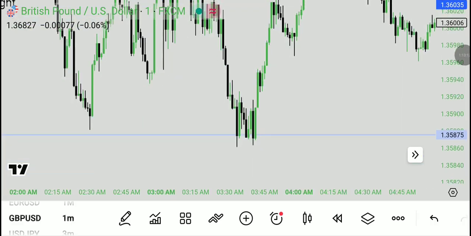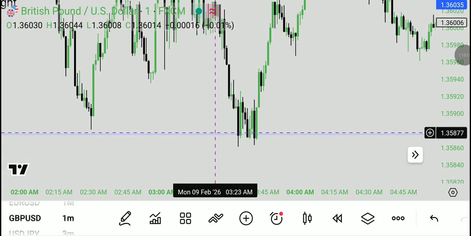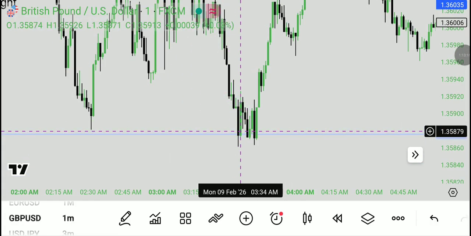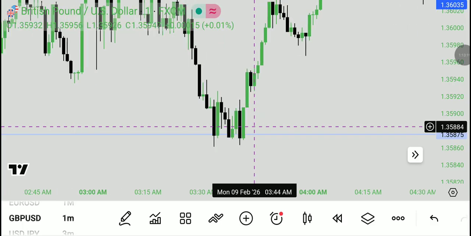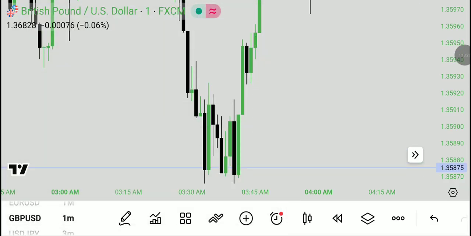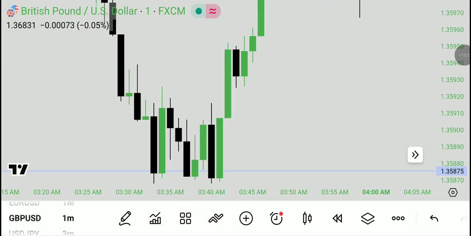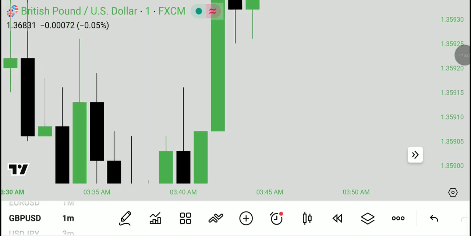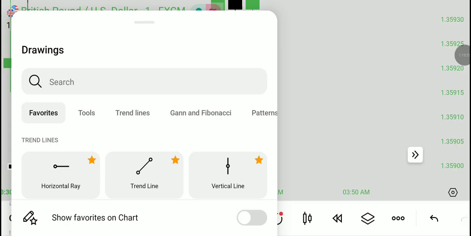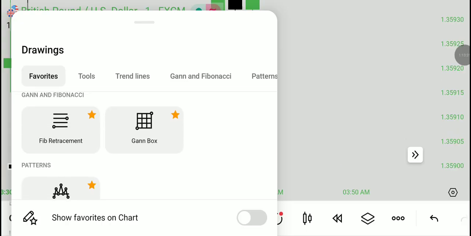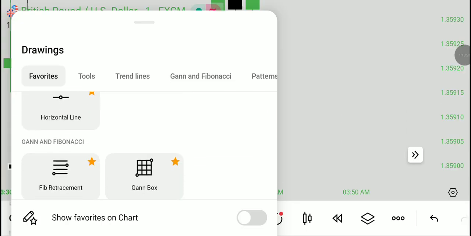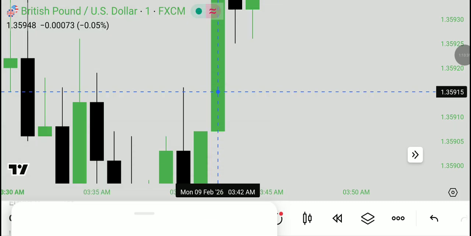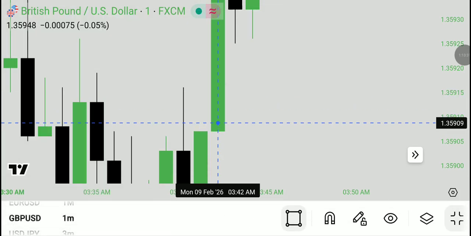Allow the market to come down here, then keep watching if they are going to form a gap, and you don't want this gap to be taken.